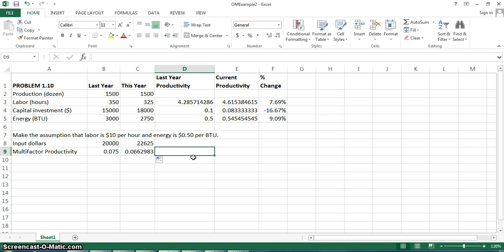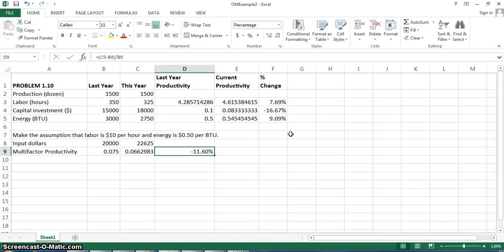We can see that multi-factor productivity, when we consider all of these inputs, has decreased. And the percent change is the new productivity minus the old productivity divided by the prior productivity. We'll reformat this number in Excel as a decimal number with 2 decimal places and a percentage sign. So multi-factor productivity has decreased by 11.6%.